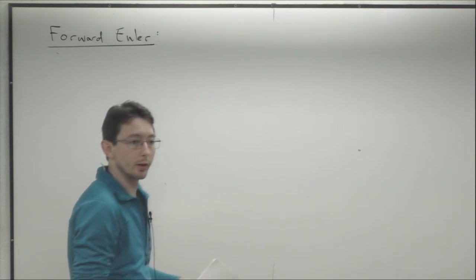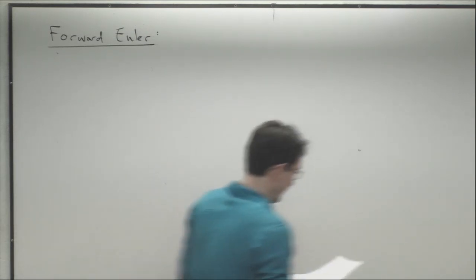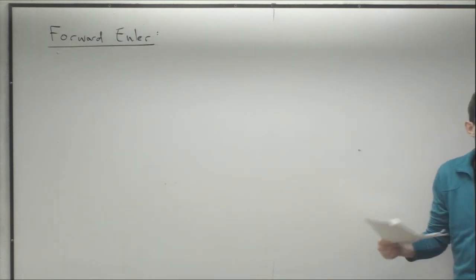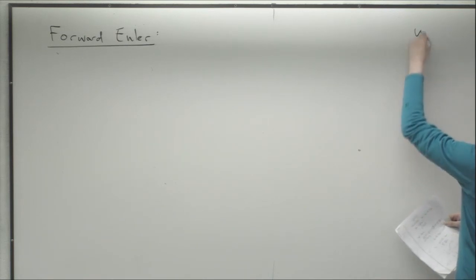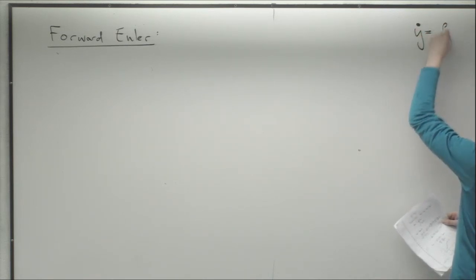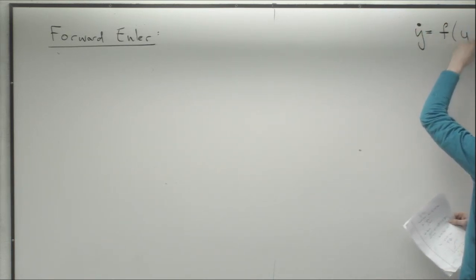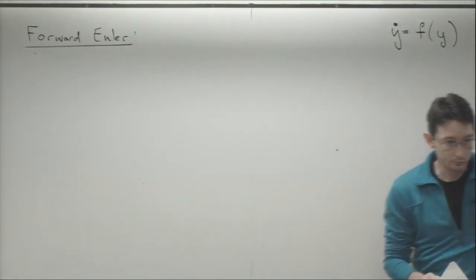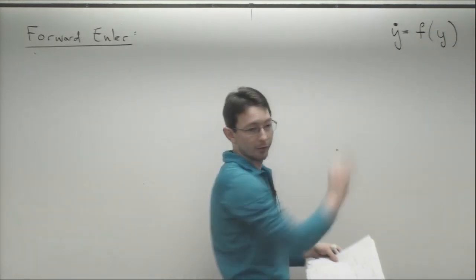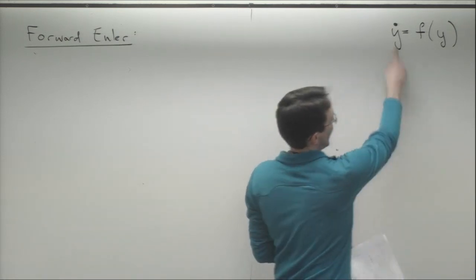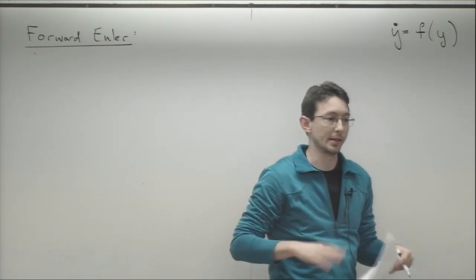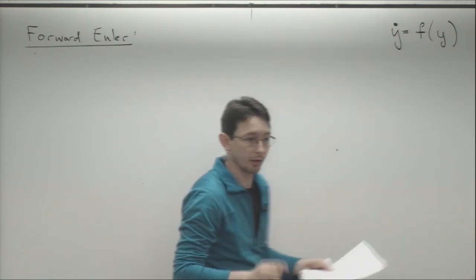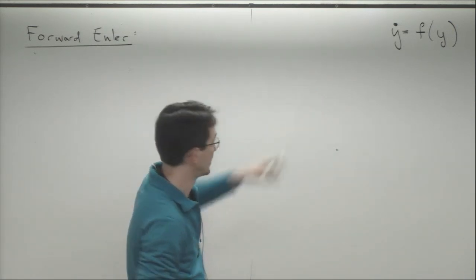Okay, so forward Euler, the kind of system that we're trying to simulate looks like y dot equals f of y. Okay, this is just my ordinary differential equation. Y could be a vector, f could be some nasty nonlinear vector-valued function. Okay, kind of a general ordinary differential equation.